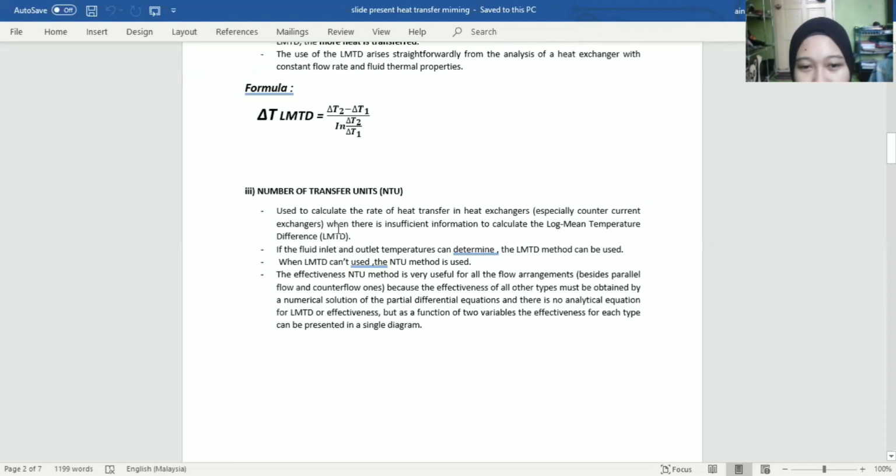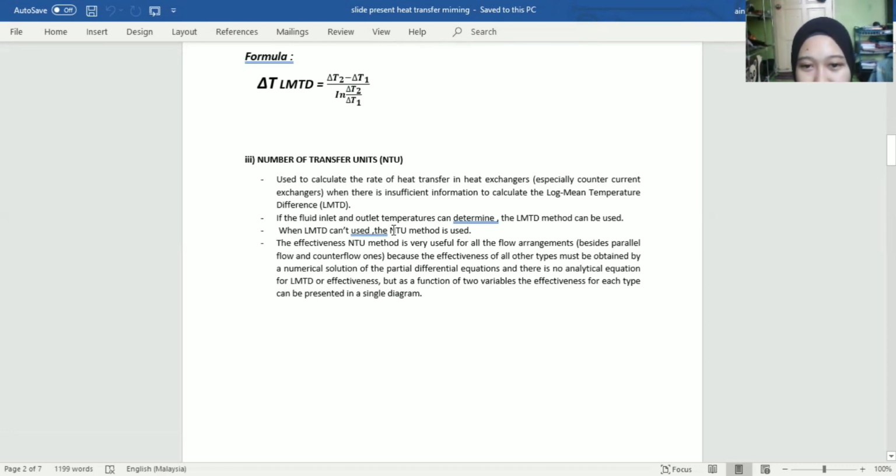The effectiveness NTU method is very useful for all fluid arrangements besides parallel flow and counter flow ones, because the effectiveness of all other types must be obtained by numerical solution of the particular differential equation, and there is no analytical equation for LMTD or effectiveness. But as a function of two variables, the effectiveness for each type can be presented in a single diagram.